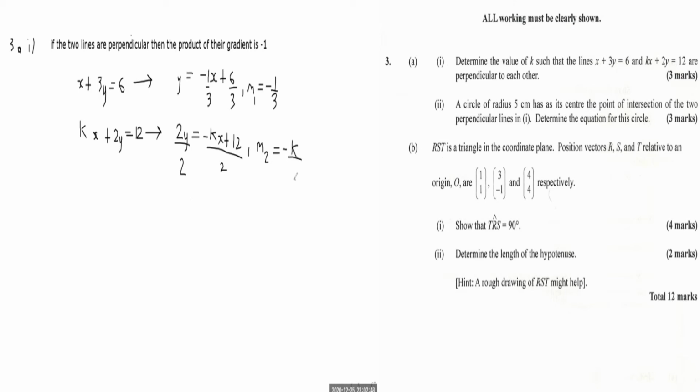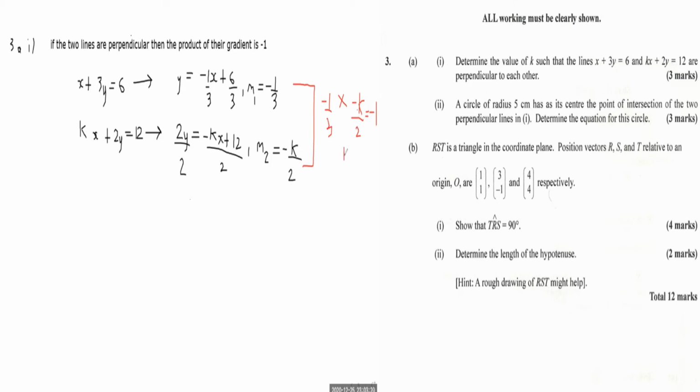Minus k over 2. But since the two lines are perpendicular, what we know is that the product of their gradients is negative 1. So that means that minus 1 over 3 multiplied by minus k over 2 is equal to negative 1. That's what perpendicular lines mean. So minus 1 times minus k is k. 3 times 2 is 6.